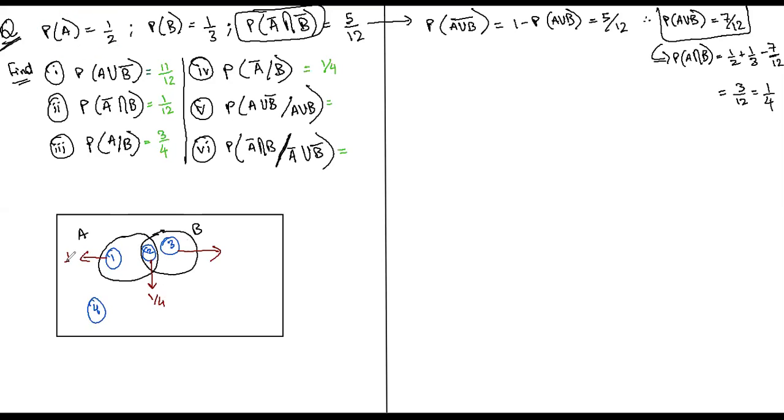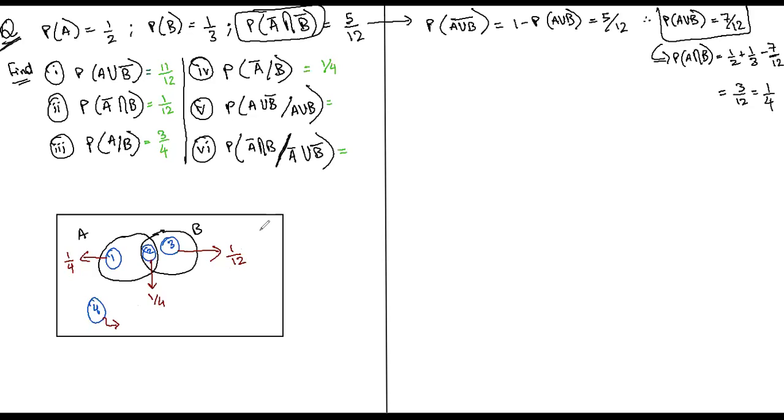So the remaining will also be 1 by 4. What will part 3 be? Part 3 is 1 by 3. So this will be 1 by 3 minus 1 by 4. How much is 1 by 3 minus 1 by 4? 1 by 12. And what is 4? Who can tell me what region 4 is?